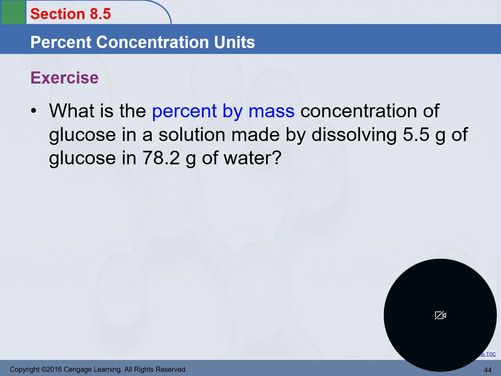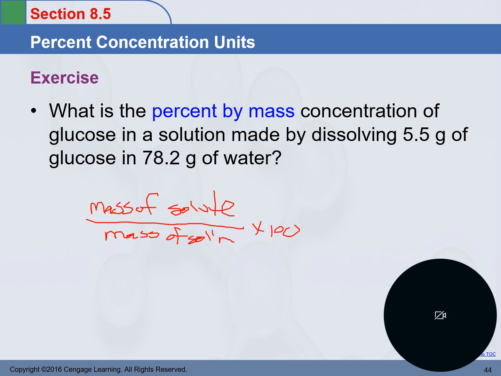So here is an exercise for us, and just to refresh, our formula was mass of solute over the mass of solution, that's my abbreviation for solution, times 100.